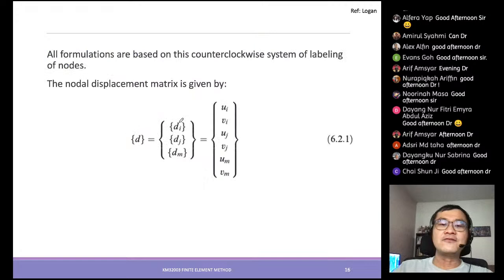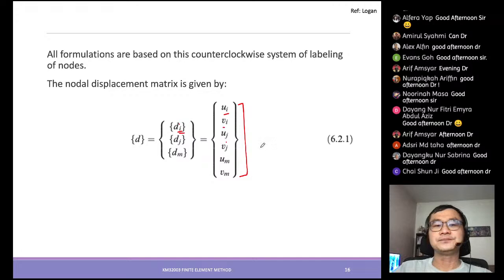Since every single displacement for the node can be broken into u and v, basically you have 6 nodal displacements to be solved. So you just represent this as a 6 by 1 matrix.